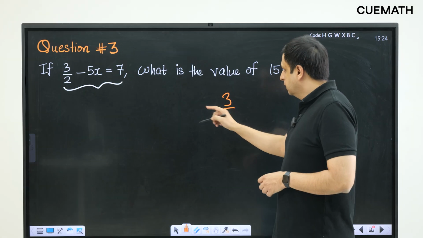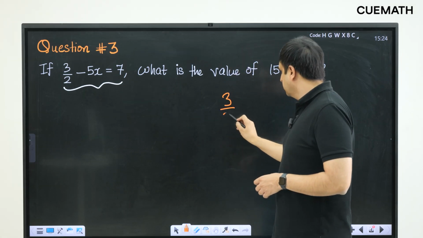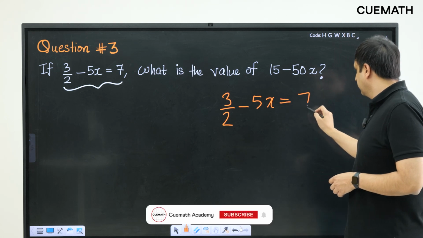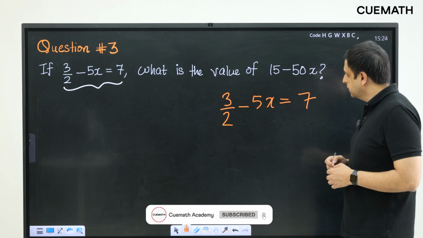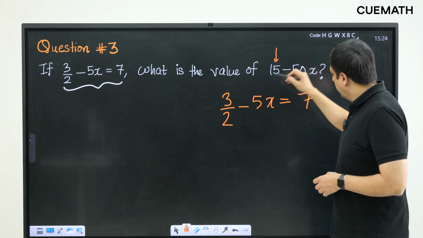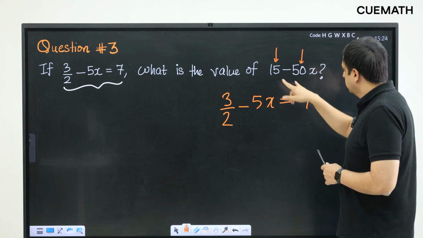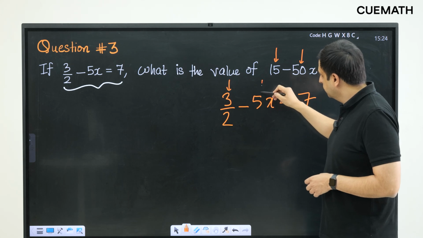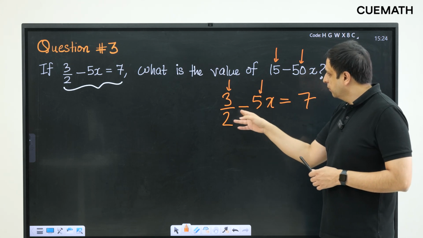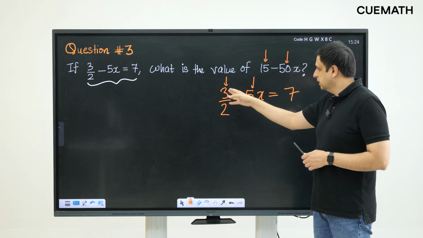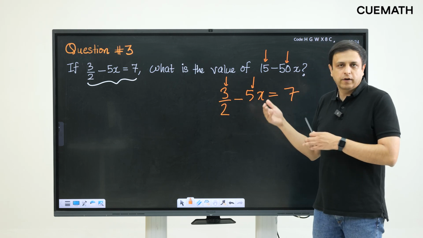The equation given to us is 3 by 2 minus 5x is equal to 7, and what we notice is that the 15 here and the 50 here are the same multiple of 3 by 2 and 5. In fact, if you multiply 3 by 2 by 10, you get 15, because 3 by 2 times 10 is 3 into 5, or 15.